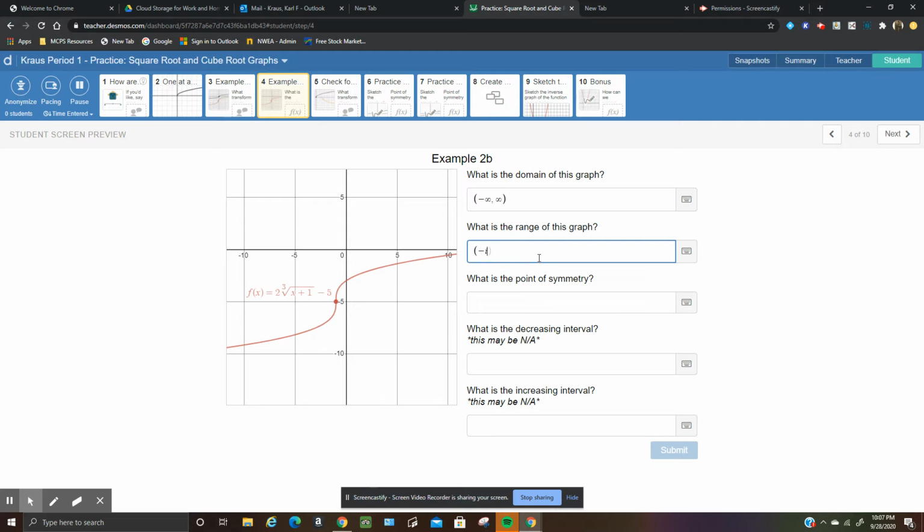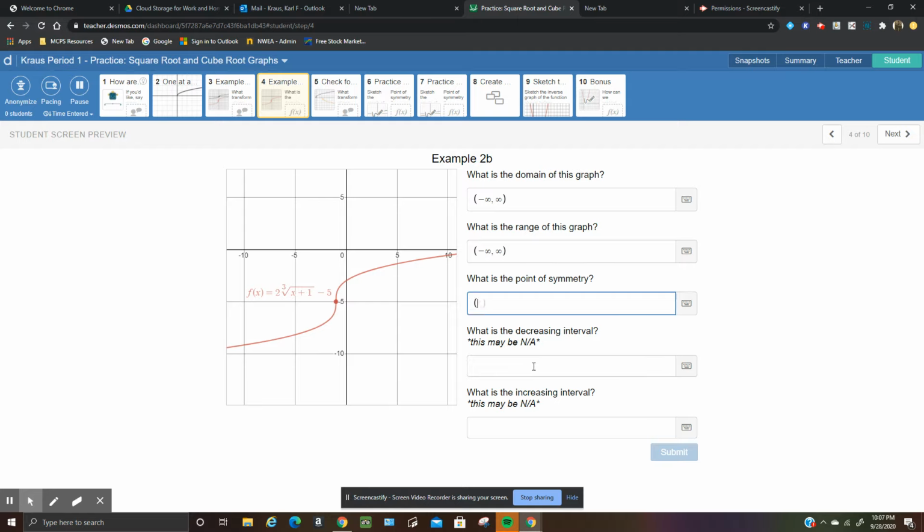Range is negative infinity to infinity. Point of symmetry is right here. And if I look under the radical, it would be -1, -5 would be the point of symmetry. Find by the h and k value there to find the point of symmetry.